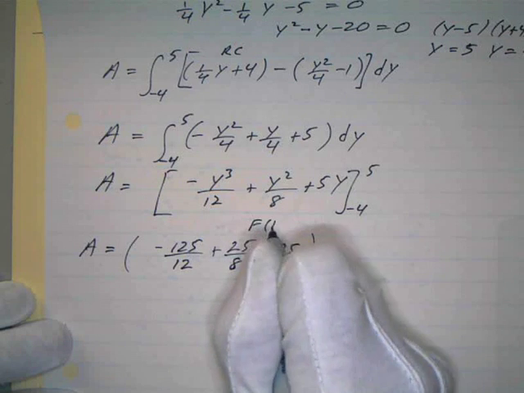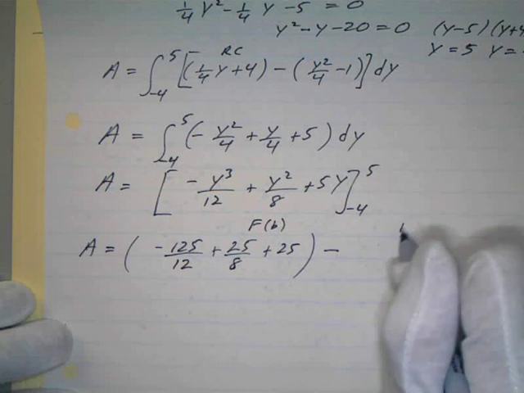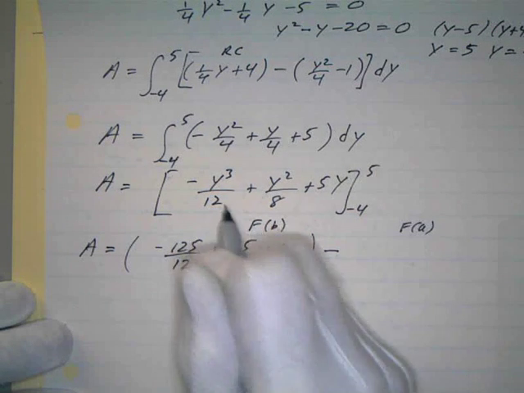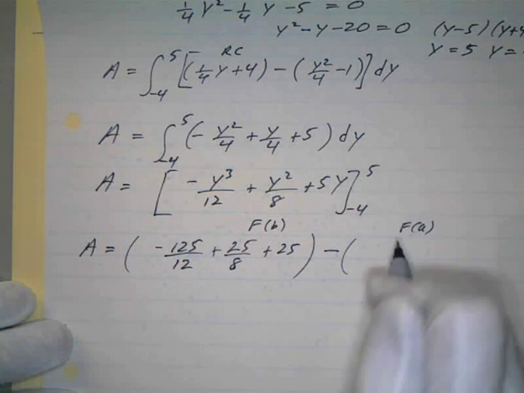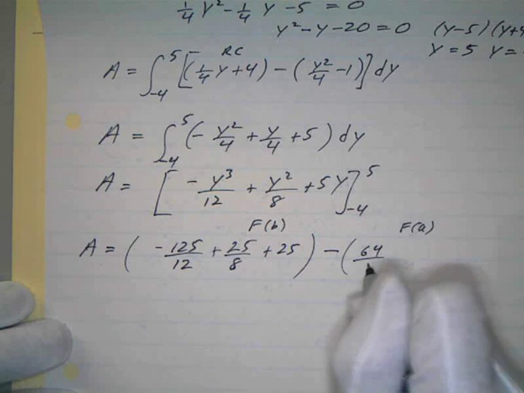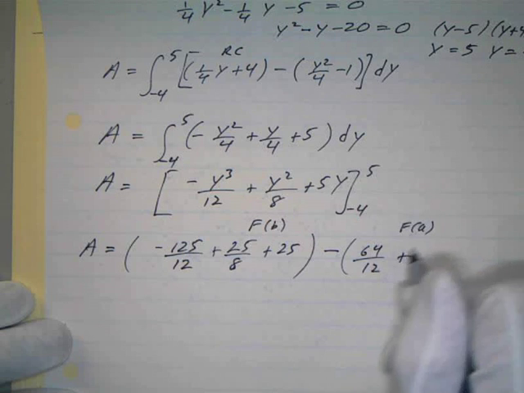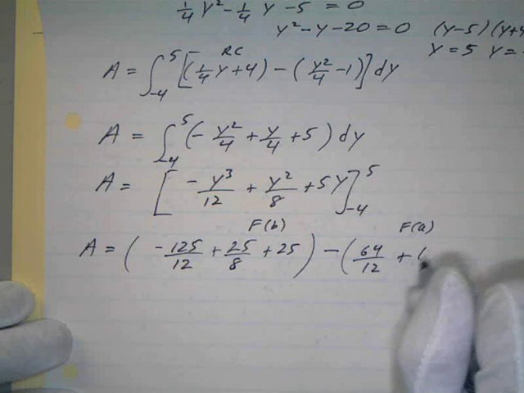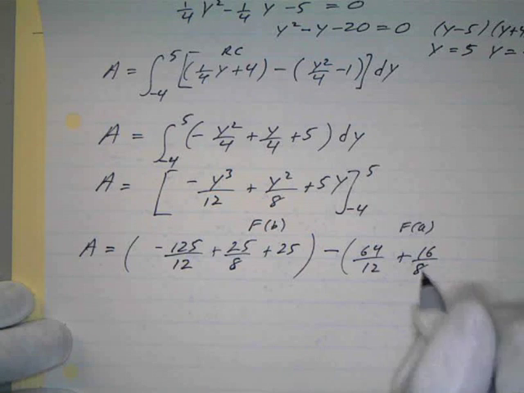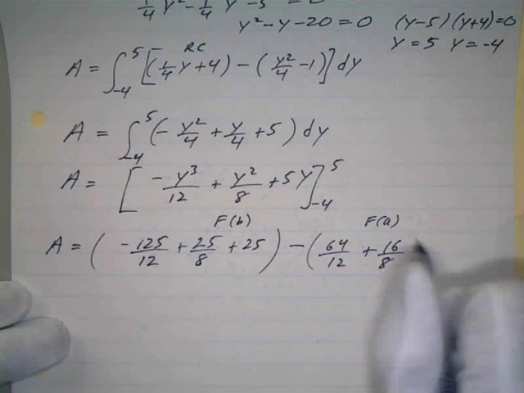There's your F of b. Here's your F of a. We put negative 4 in here, so 4 cubed is 64, so we get 64 over 12, plus negative 4 squared is 16 over 8. And 5 times negative 4 is negative 20.